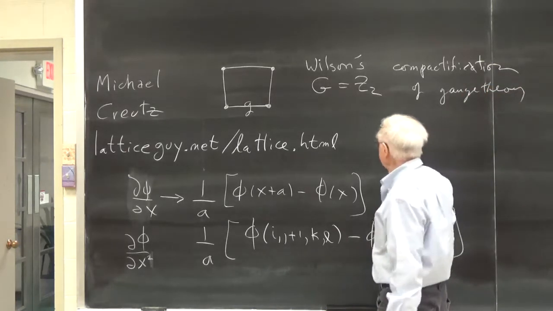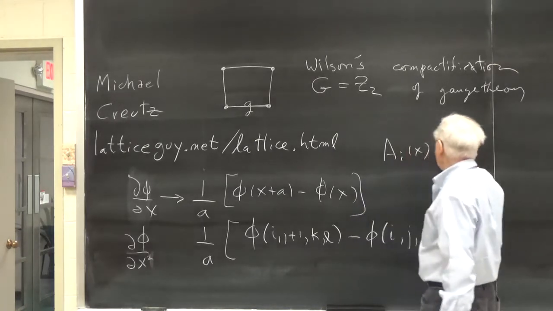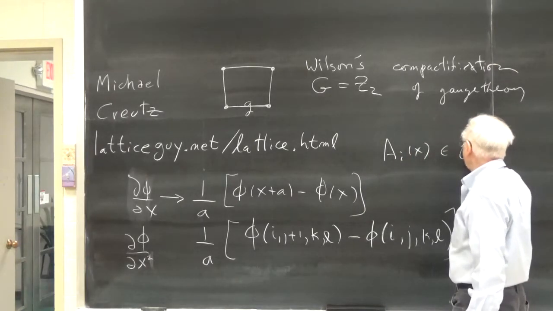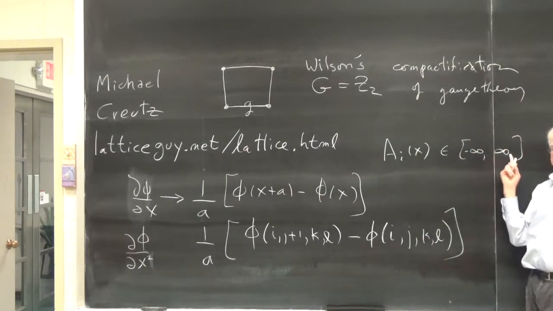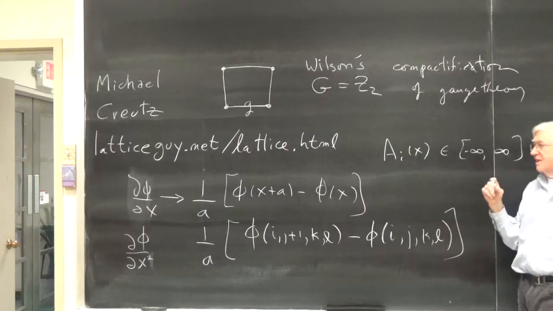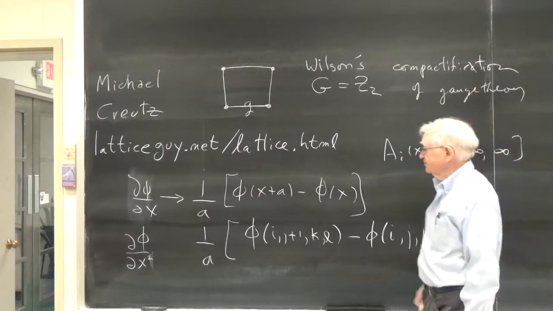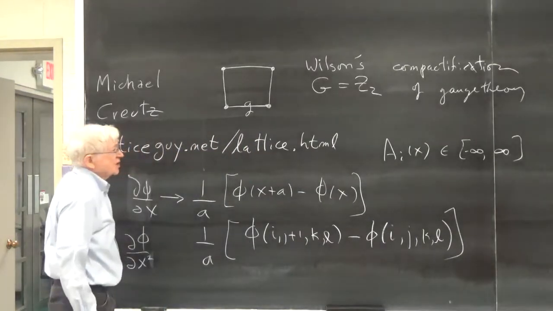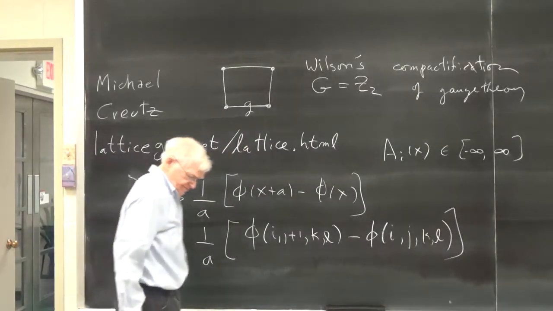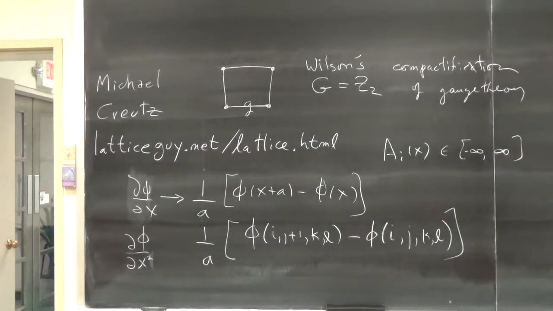See, in the real gauge theory, the gauge field A of x lies in, each component of the gauge field lies on the real line somewhere. In the compactification, well, in the case of Z2, I've never thought of Z2 as an ordinary gauge theory.